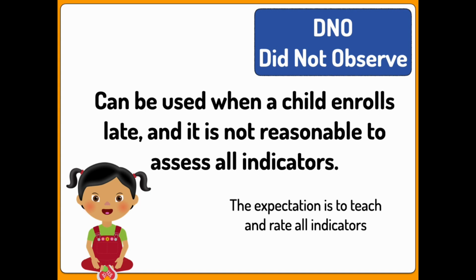So you will rate all of the indicators that you are comfortable rating, and you will use DNO on the ones that you feel like you never got an opportunity to teach that child. In general, the expectation is that you will rate all indicators for every child using the 3 main ratings, unless you have special circumstances.